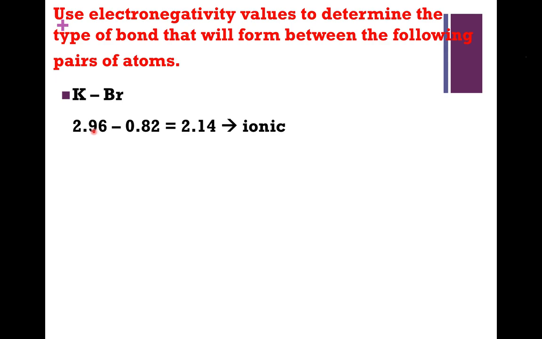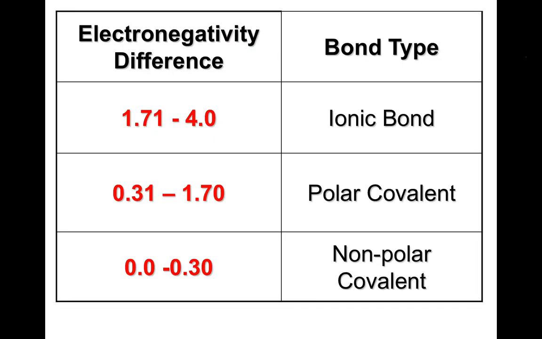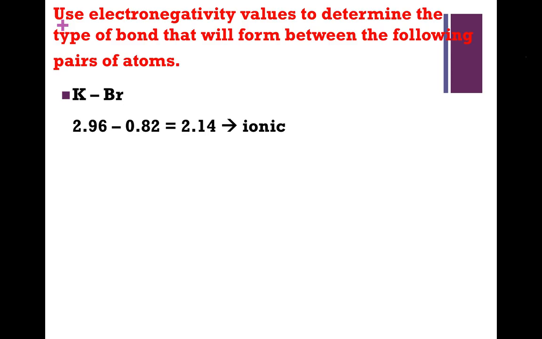So we're going to find the difference in their electronegativities. This is bromine's, and this is potassium's. It doesn't matter what order you do it in, just take the higher one minus the lower one, and we'll get this. This one falls in the ionic range, the one that I showed you before, right here. So that means that it's an ionic bond.